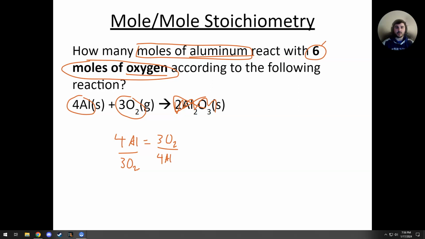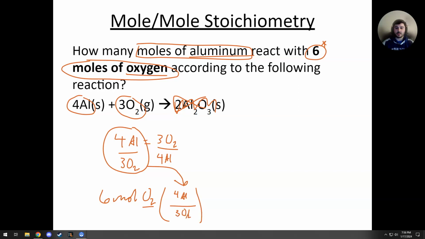We're trying to convert 6 moles of oxygen, so that's our starting number, 6 moles of O2. We have to multiply by one of these two fractions. Since oxygen is up top, oxygen has to be in the denominator of the fraction. The only one that has oxygen in the denominator is this one, so we put in 4Al divided by 3O2.